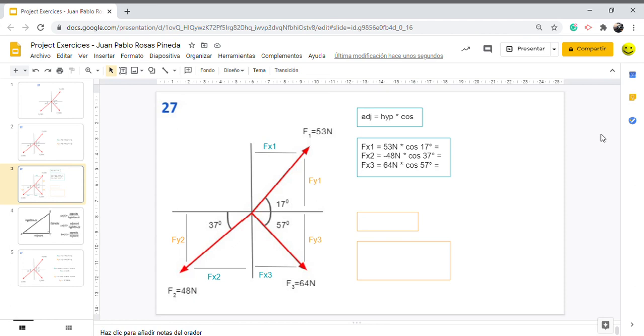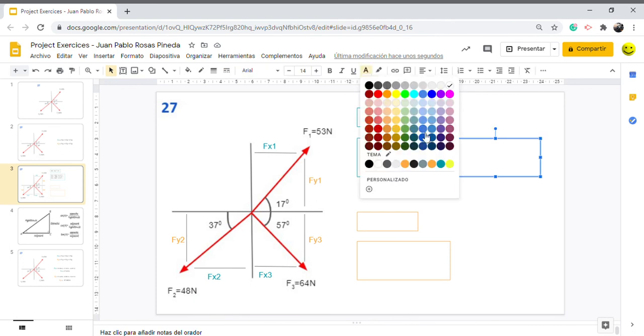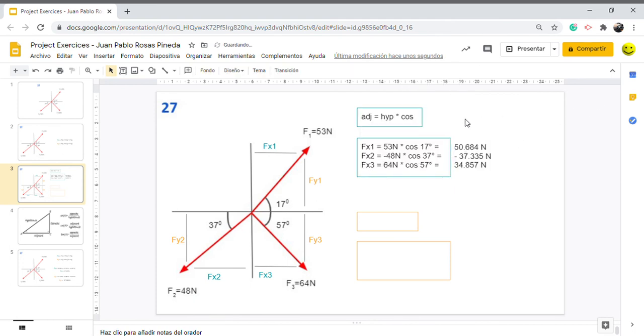Now to do this very quickly, you can do it on a calculator. You just type it like this, 53 times cosine of 17. We have a special button for cosine, and you do this with all of these values. Once you do it, you should get something like this. Give me a second. Okay, so for fx1 it's going to be 50.684 newtons.